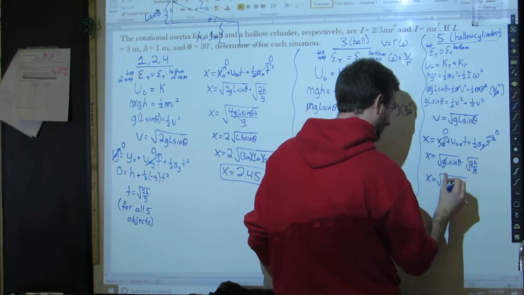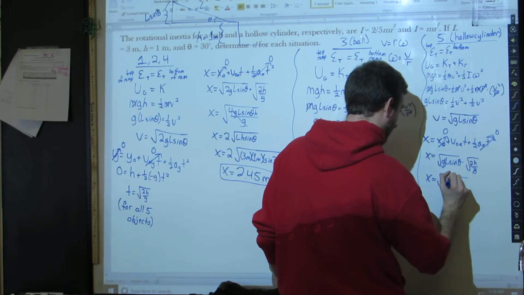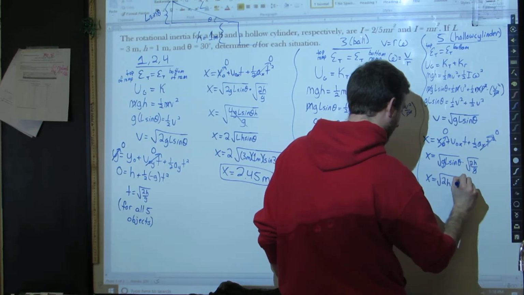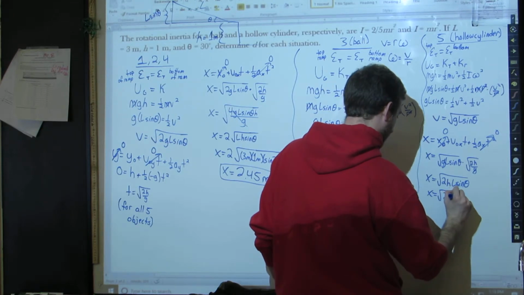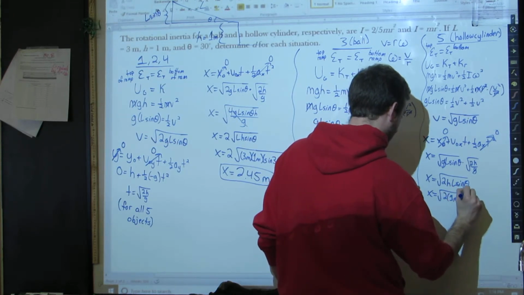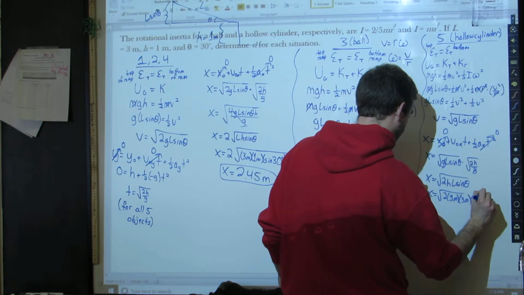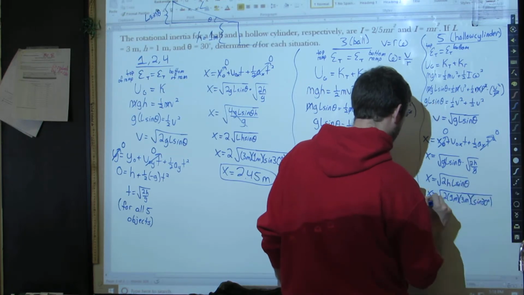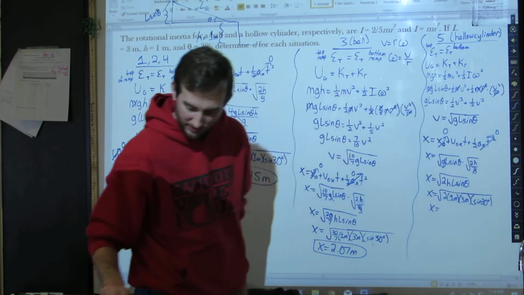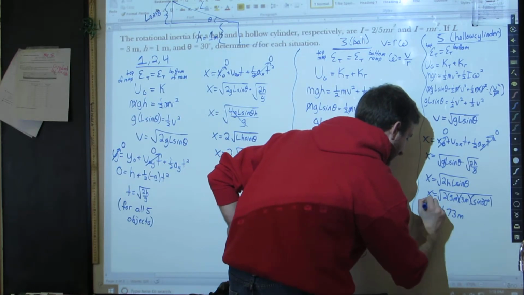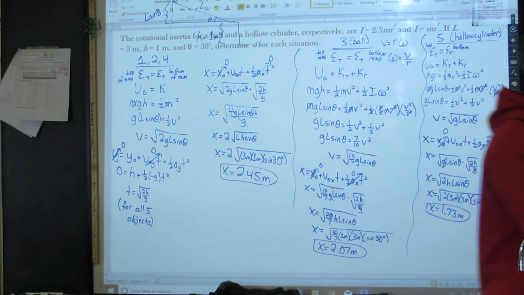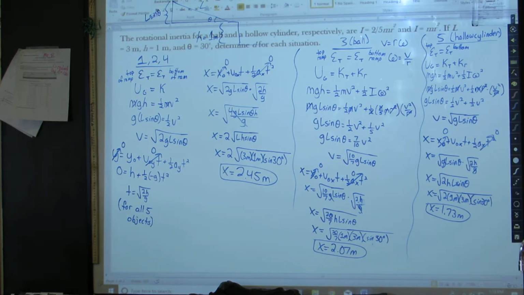X is equal to the square root of 2 h L sine theta, 2 times a meter times 3 meters times the sine of 30. X is 1.73 meters. As you can see, the hollow cylinder will not go as far.